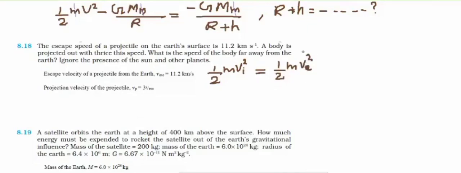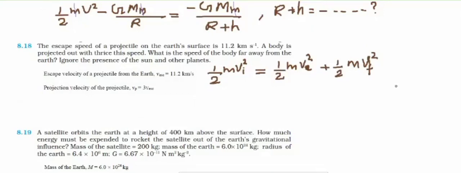So an energy half mv square is used to escape, and the remaining energy is retained by the object, that we can take as half m vf square, where vf is the final velocity after escaping from the gravitational attraction.